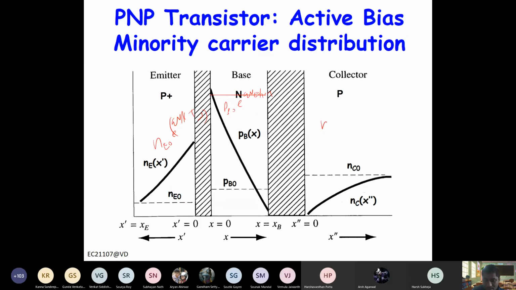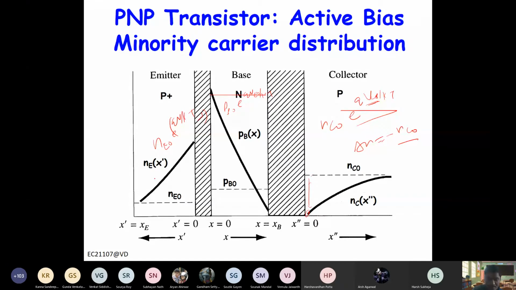So this will be Nc0 exponential qVCB by kT, right? If you take the difference, then minus 1. Now if this is reverse bias, this will go to almost 0. So the concentration will be 0, and delta n will become minus Nc0, because delta n is n minus Nc0, right? So that is minus Nc0. Correct. And based on this carrier profile, we can write the equation of current in all three regions.